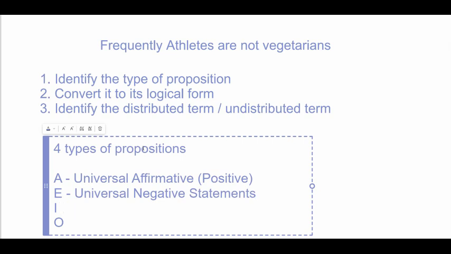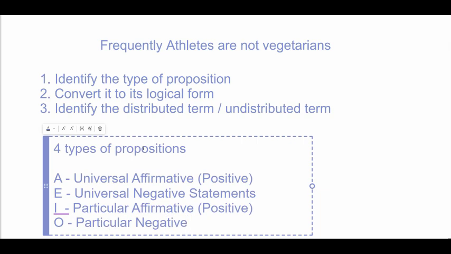I proposition is particular affirmative or positive statement or proposition, and O is particular negative statement.